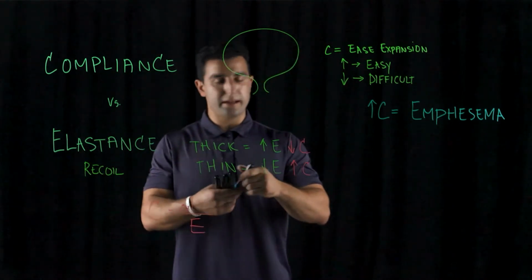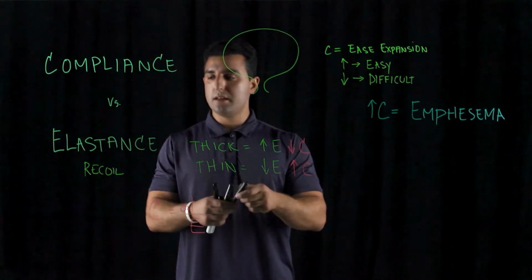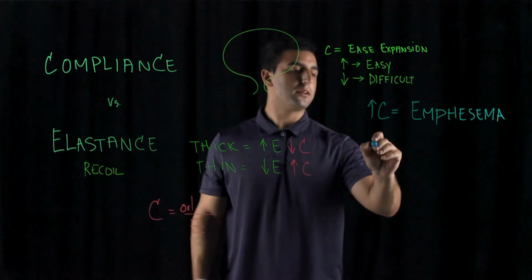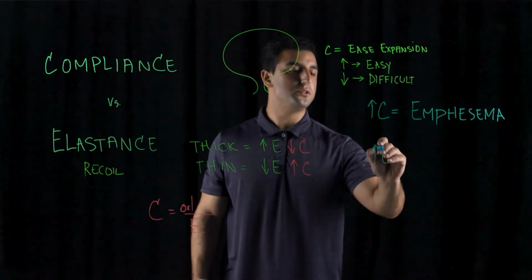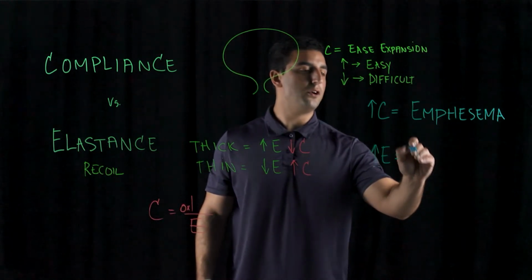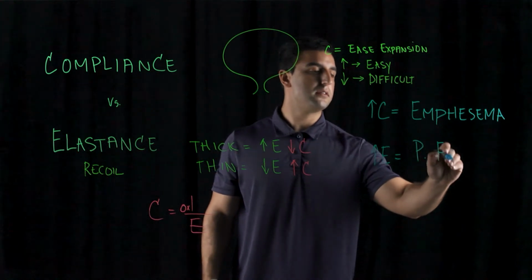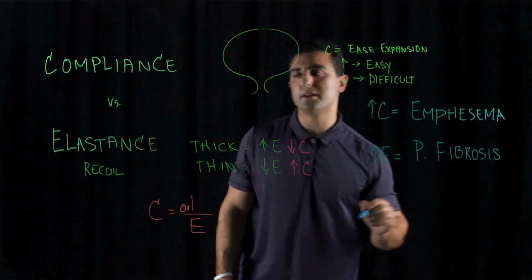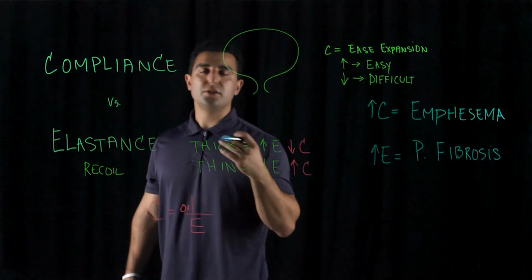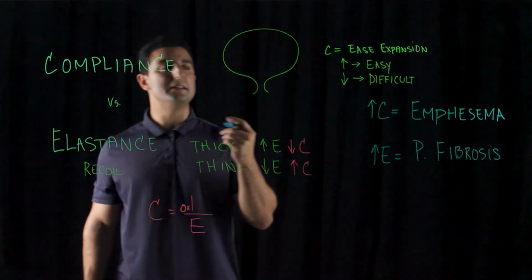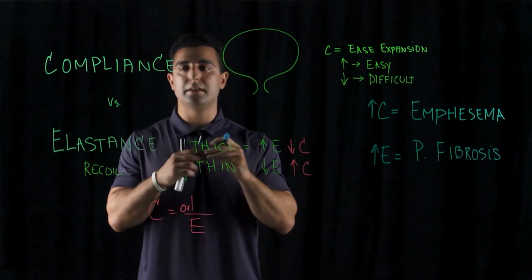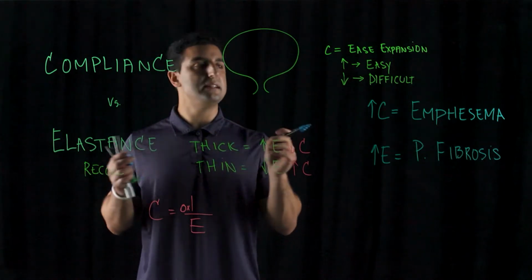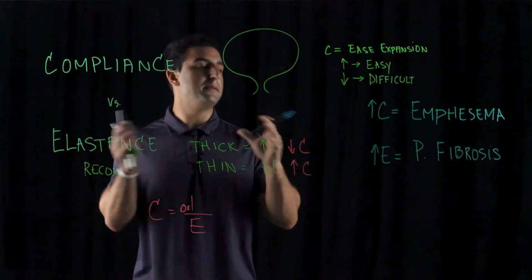Vice versa, if we look at elastance, a pathological condition that is due to increased elastance is pulmonary fibrosis. Pulmonary fibrosis is where you develop fibrotic tissue in your lungs. Your lungs are actually very soft, very delicate, very elastic, very flexible, they can go up and down.